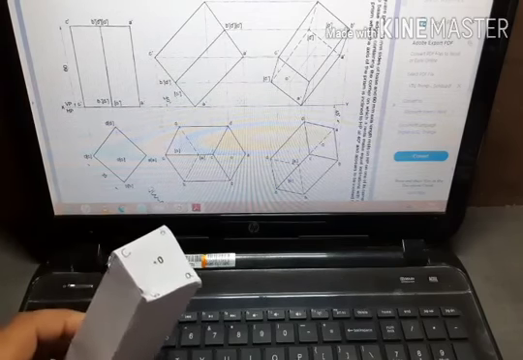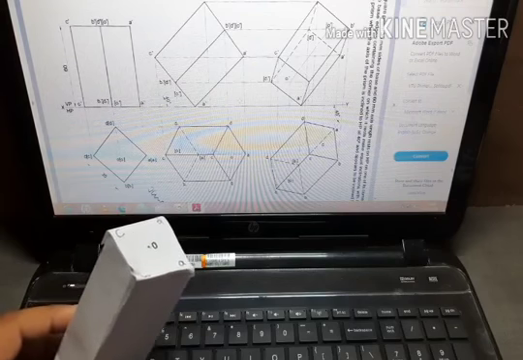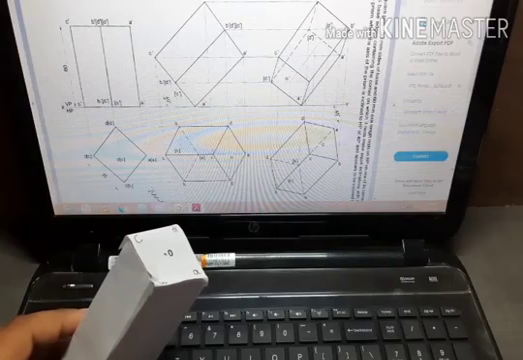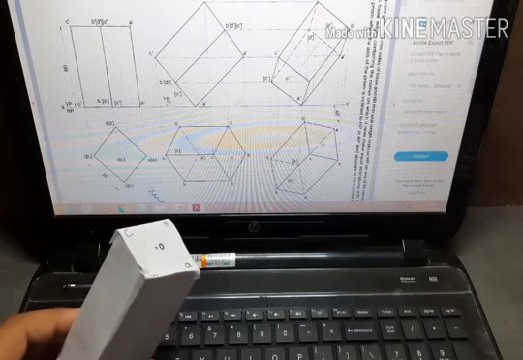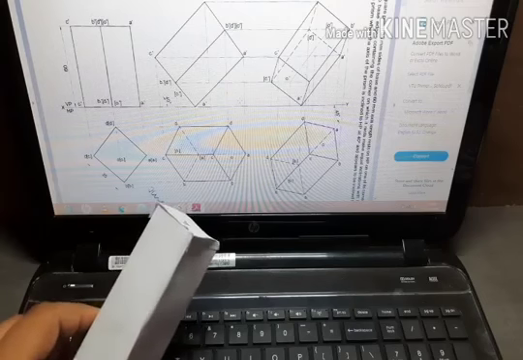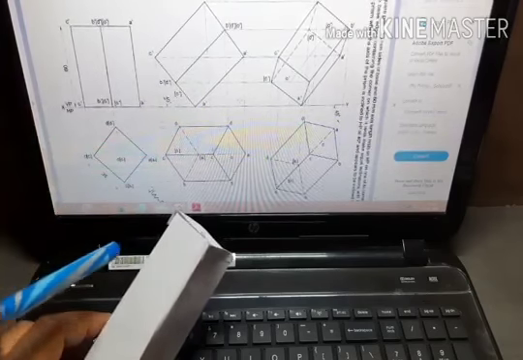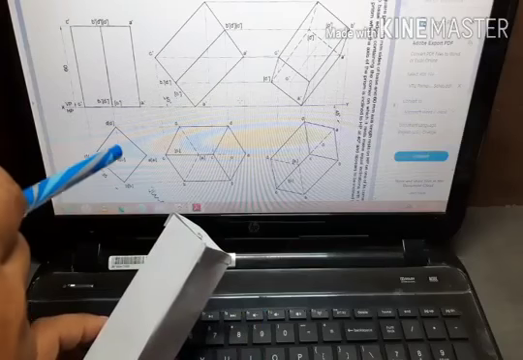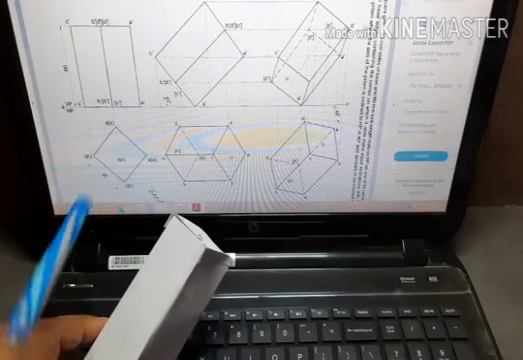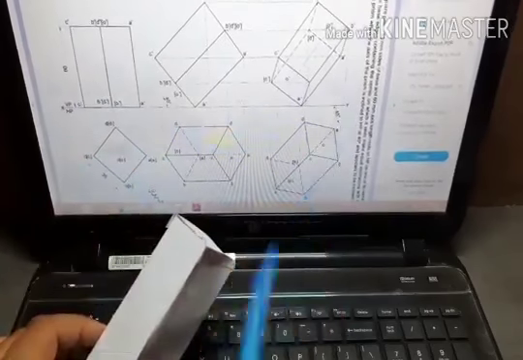If you tilt it, your axis is inclined to HP at 40 degrees. In the next step, it is said it appears to be inclined to VP at 45 degrees. Appears means you have to take the angle directly. Now you are making the inclination to VP. This is the inclination with respect to VP. This is the inclination with respect to HP. This is with HP. This is the angle with respect to VP, as you can see here.